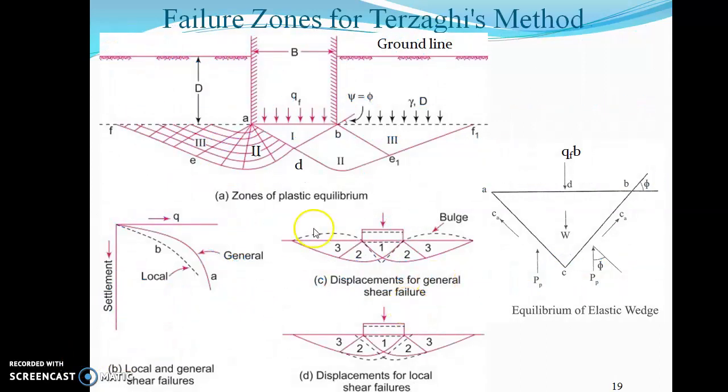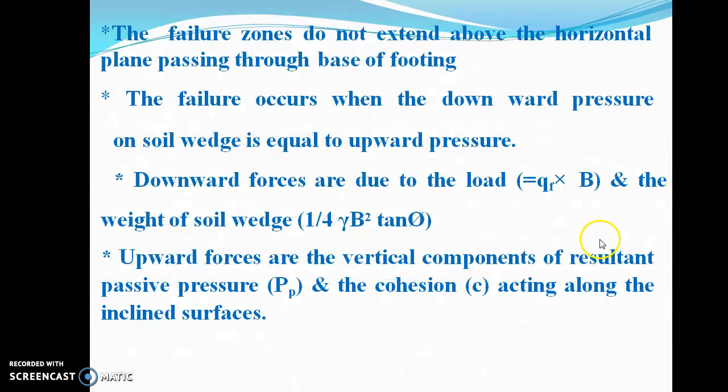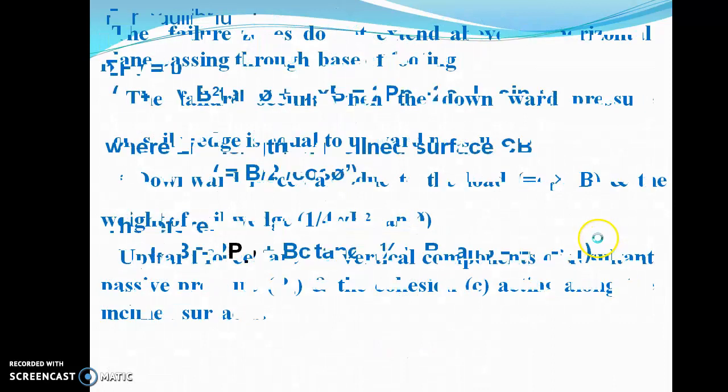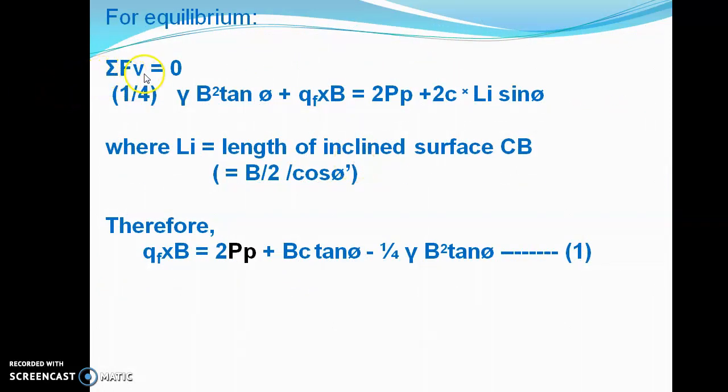So if you can see which are the downward forces here, the weight of the wedge and QF into B, and which are the upward forces, it will be PP and a component of cohesion. Okay, these are the upward forces. So for equilibrium, what we require? We require that the summation of all the vertical components should be 0. So vertical components are 1/4 gamma B square tan of phi plus QFB, and these are the downward, and upward will be 2PP plus 2C Li sin phi.